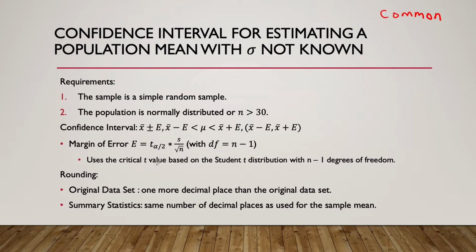It uses the critical t value based on the student t distribution with n minus 1 degrees of freedom. The rounding that we have for this is, if we're using the original data set, we round to one more decimal place than the original data set. And if we are using summary statistics, we use the same number of decimal places as used for the sample mean.